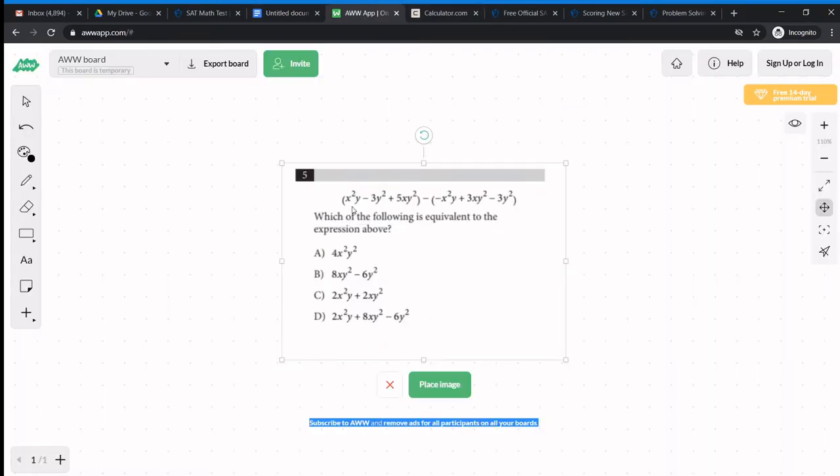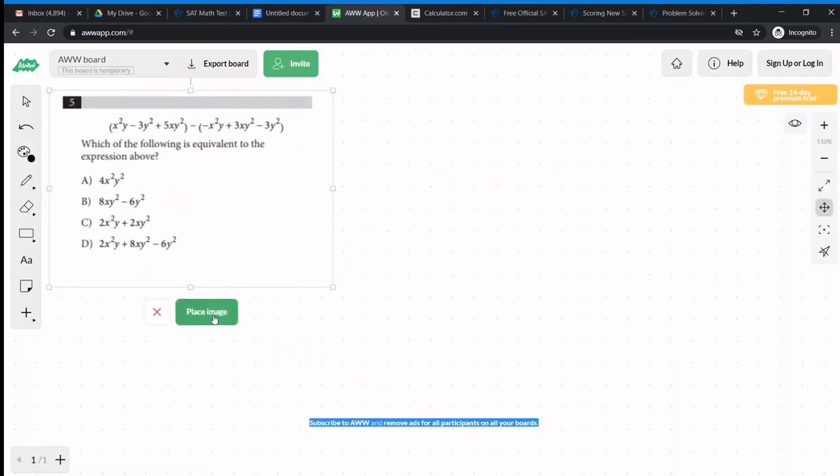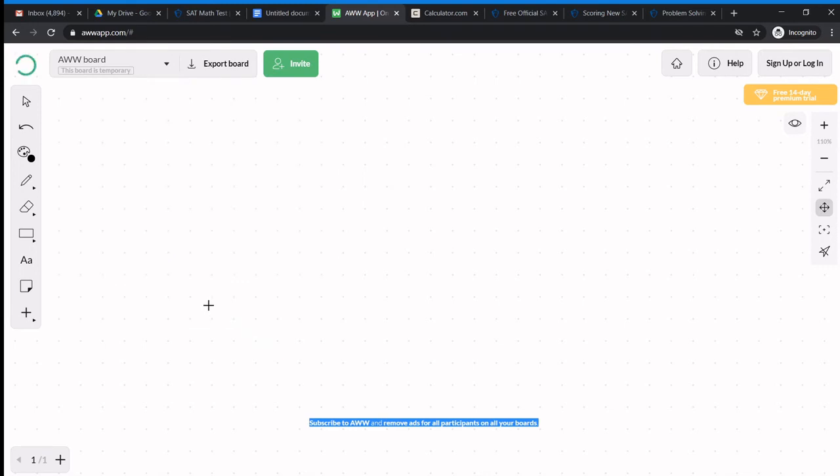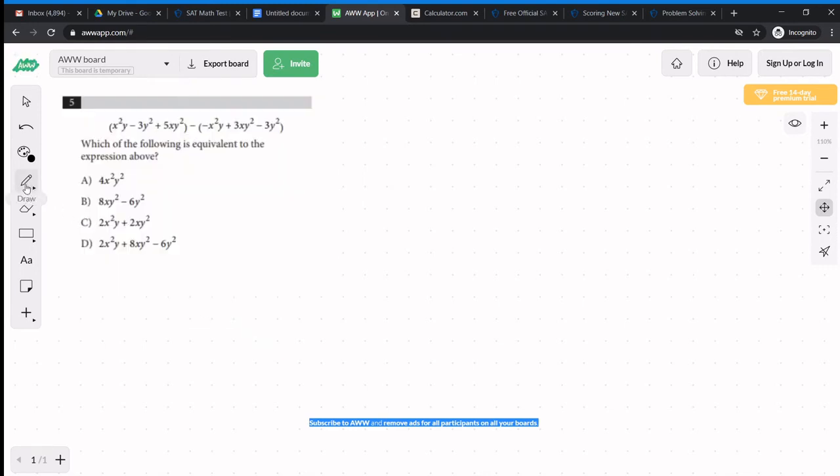All you need to know is an example of the problem that I'm giving you right now, and then you also need to know FOIL. Okay, let's just write this down. x squared y minus 3y squared plus 5xy. And then I'm going to distribute this negative to everything.